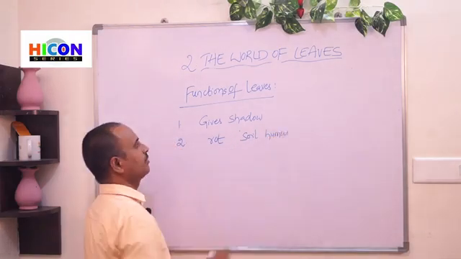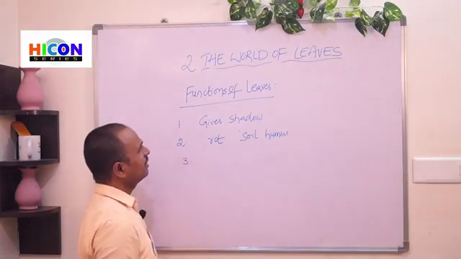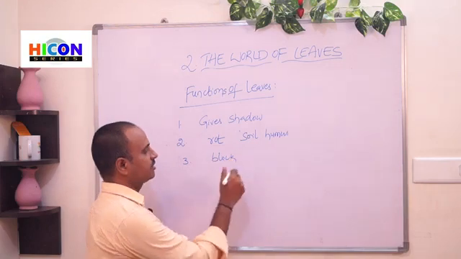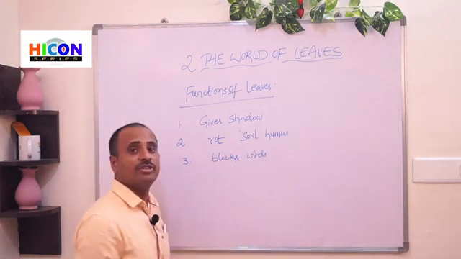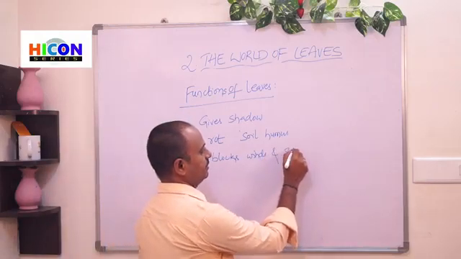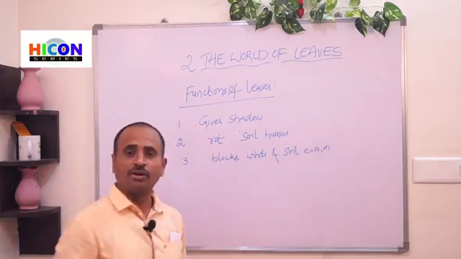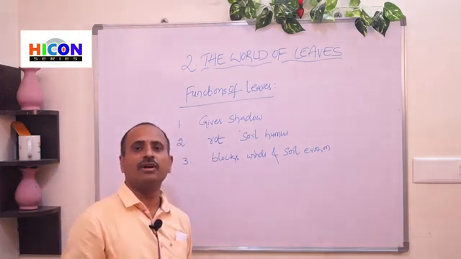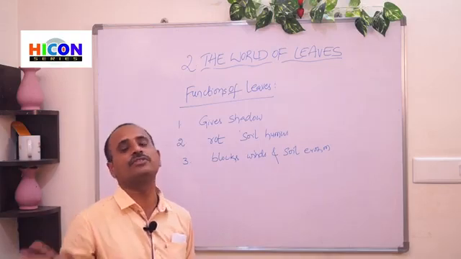So this is one more function. And the next one is that leaves block the wind and also protect the soil from soil erosion. During cyclone times, the water flows on the ground and takes away the humus soil present on the upper parts of the soil.